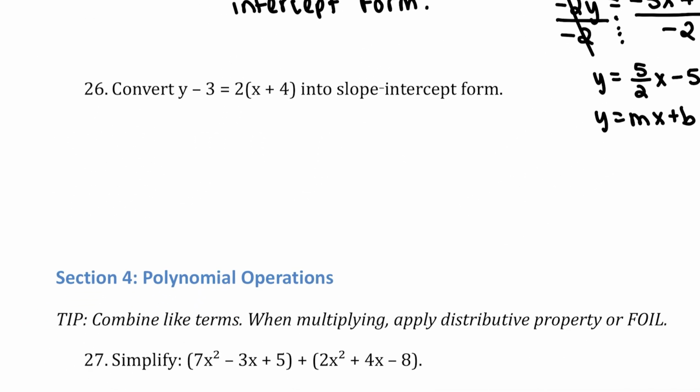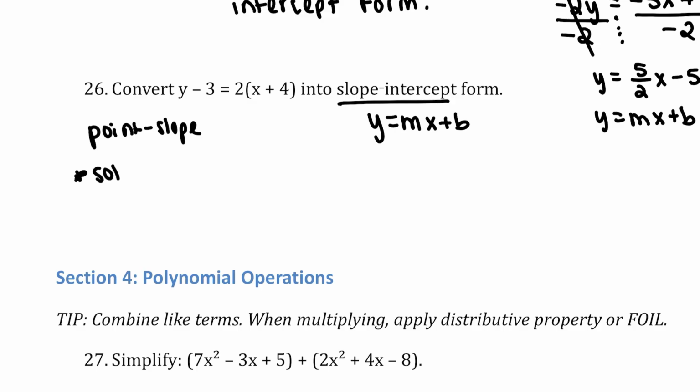And now on to 26. Convert y minus 3 equals 2 times x plus 4 into slope-intercept form. So the form that it's currently in is point slope. And the form we want it in is slope-intercept, which is y equals mx plus b. So that means solve for y.